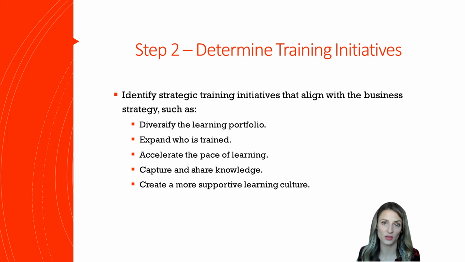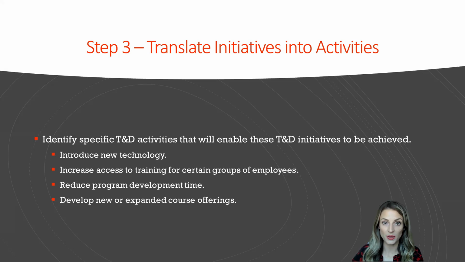The third step is to transform the training initiatives from the previous step into specific actionable items or activities for the training and development staff. These activities are unique to the organization and might include examples that are similar to the ones shown here.